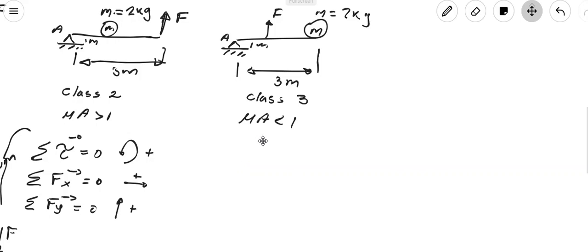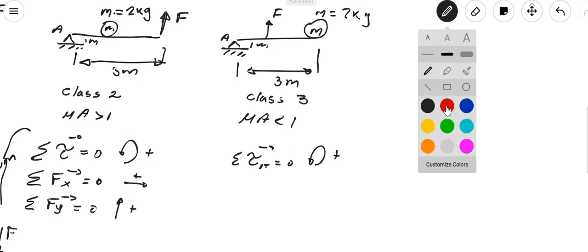So when I apply now the equations of equilibrium here, that means when I do a sum of torque, in this case I'm going to say that the sum of the torque with respect to point A would be 0, and we take counterclockwise positive. So what is going to be the torque due to the mass M?